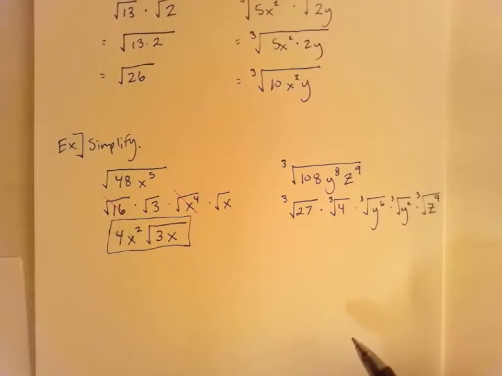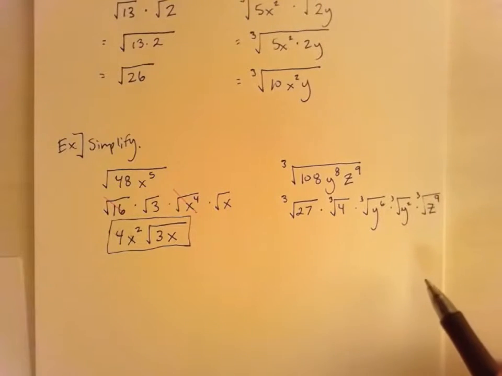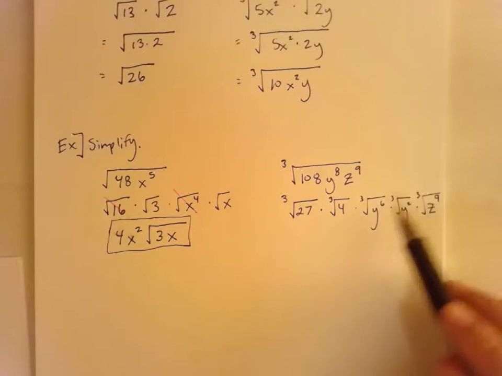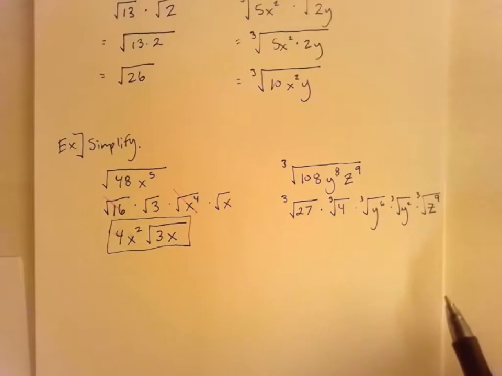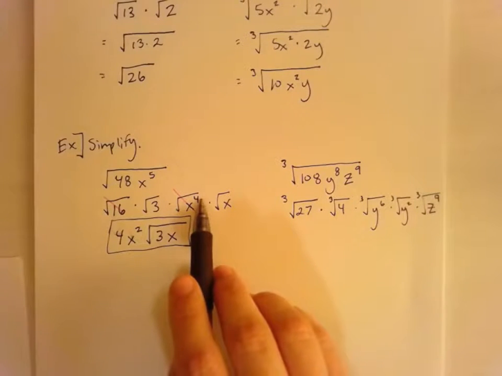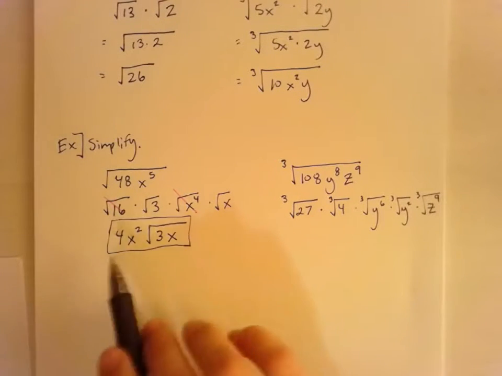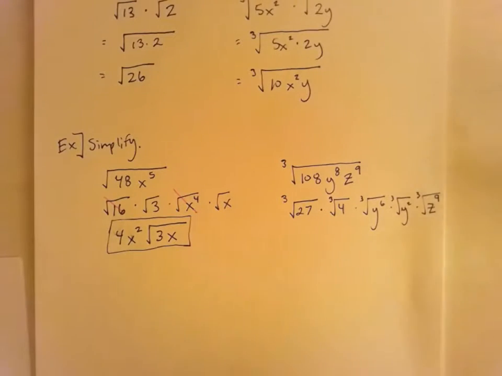That's going to work out for me. 9 divided by 3 is going to be 3, so the z is going to work out as well. Again, my end game there were numbers that were divisible by 3. Over here, I broke it up as x to the 4th because I was dividing by my root 2, and 4 is divisible by 2, so that's why that one worked. But here, I'm picking numbers that are divisible by 3.